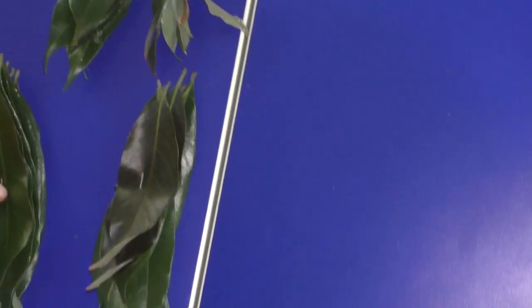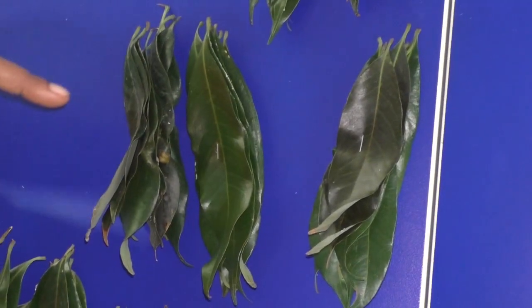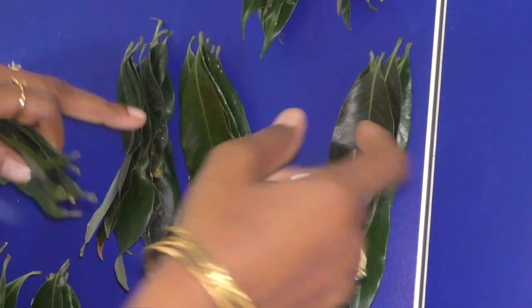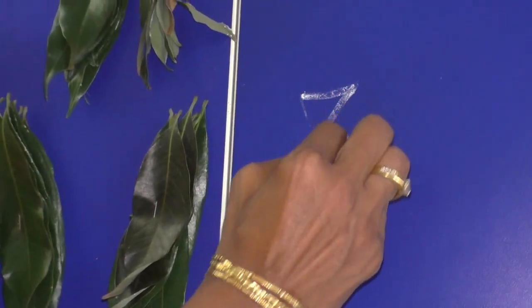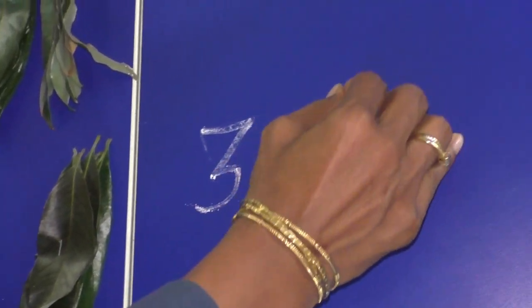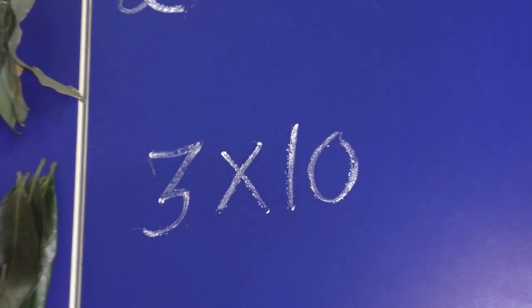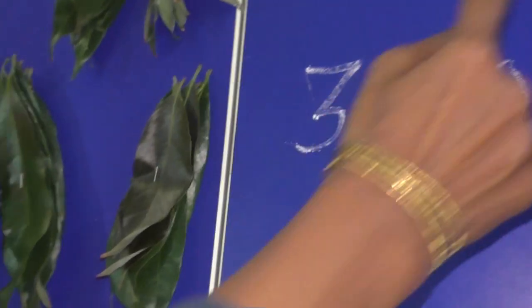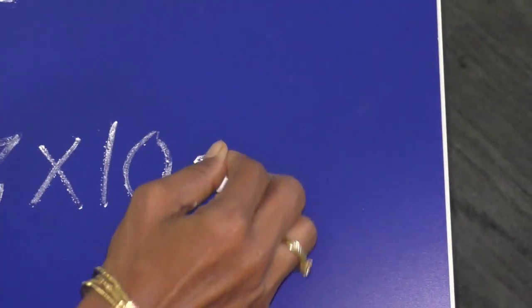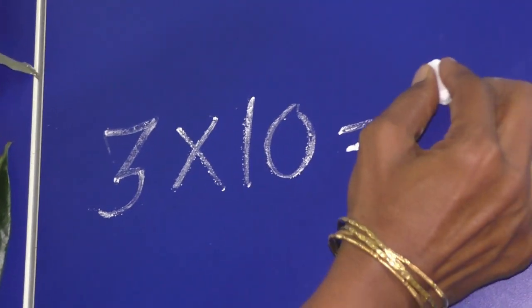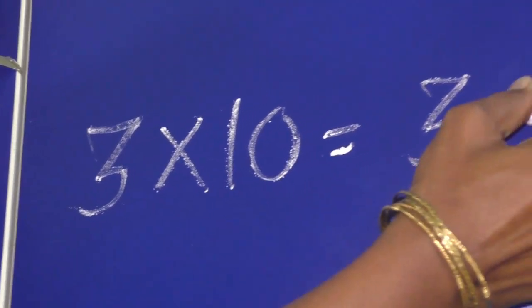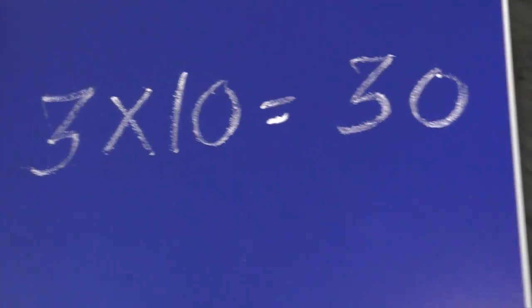Now we have 3 sets. So 3 groups of 10 leaves each. So here after 20 we are adding 10 more. So it would be 30. So 3 into 10 is 30.